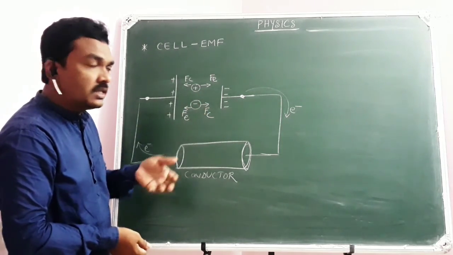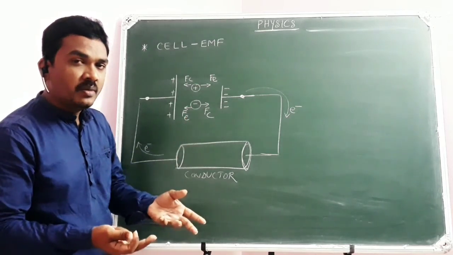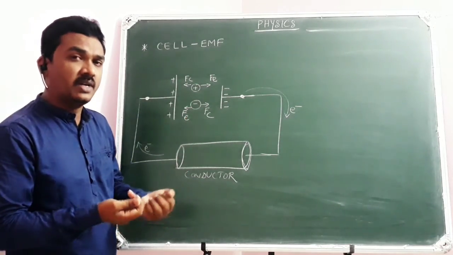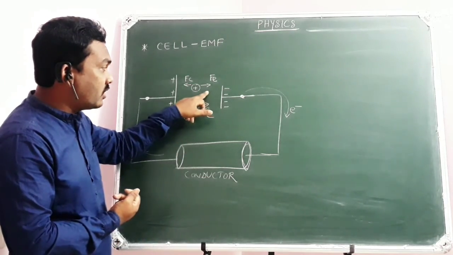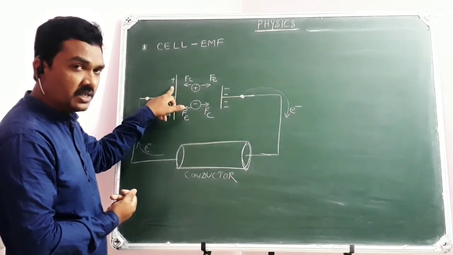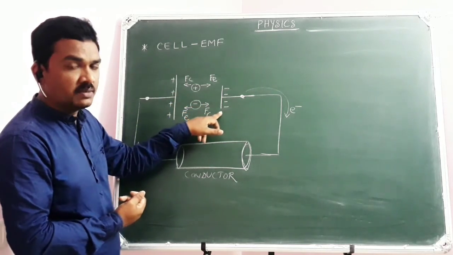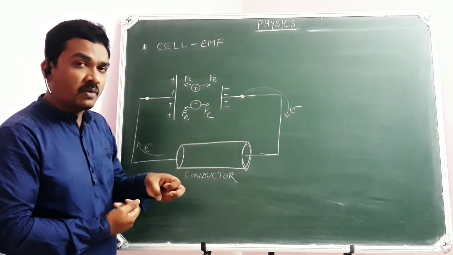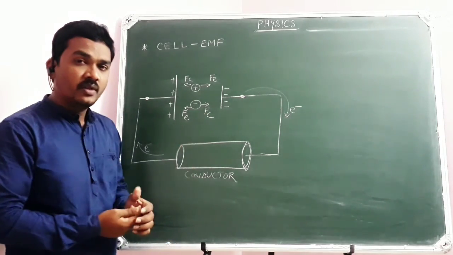If you are telling the positive ion moving towards the negative plate, no work is to be done, because they are unlike charges, they can attract. Electrostatic force of attraction will pull it. But the positively charged ion moving towards the positive plate and the negatively charged ion moving towards the negative plate is because of the chemical force. This energy will be provided because of chemical reactions that are taking place within the cell.